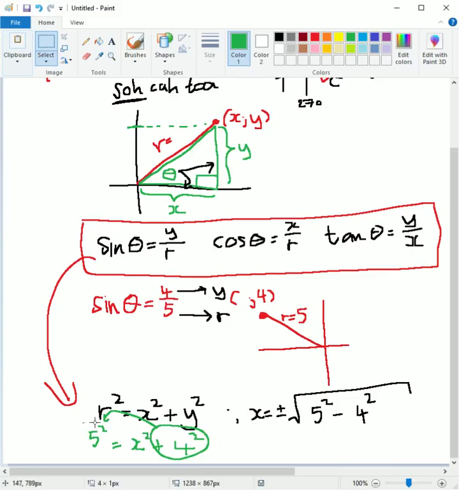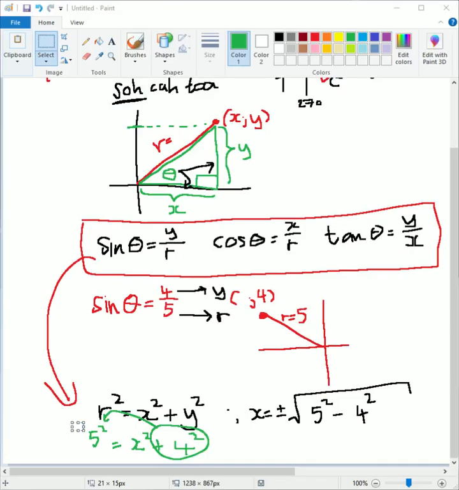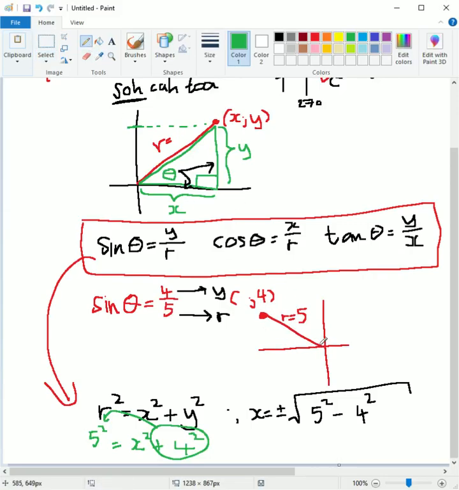Okay, so the reason that we have plus and minus is because of the quadrant in which we find ourselves. We find ourselves in the second quadrant, and in the second quadrant your x's are on your left hand side, and on your left hand side x has negative values.